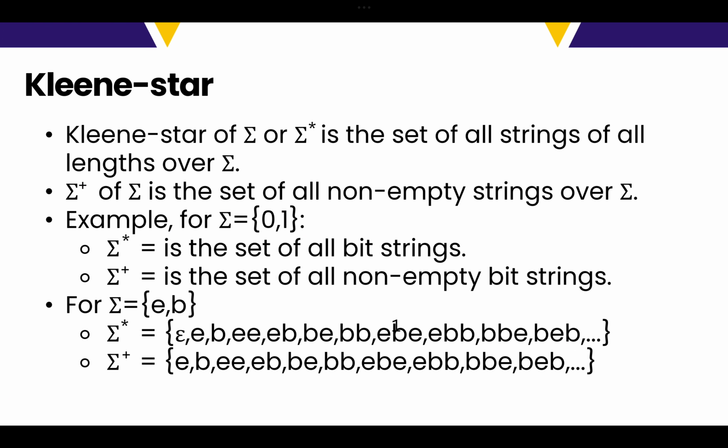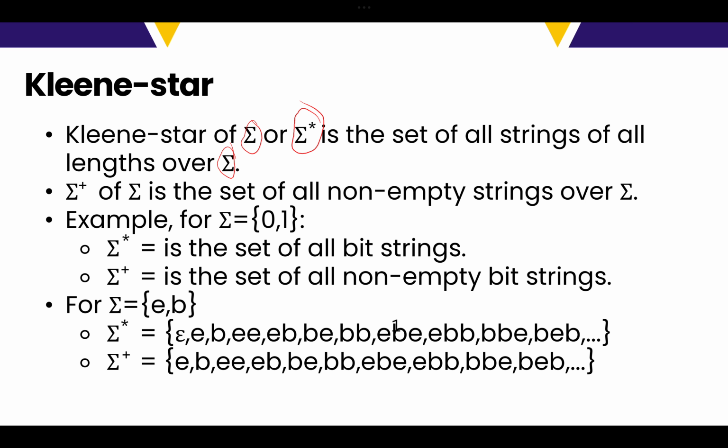Now, we have another operation of an alphabet. So, what is Kleene star? So, Kleene star of sigma or of the alphabet, it's denoted by this symbol na asterisk sa ibabaw, is the set of all strings of all lengths over the alphabet, sigma.